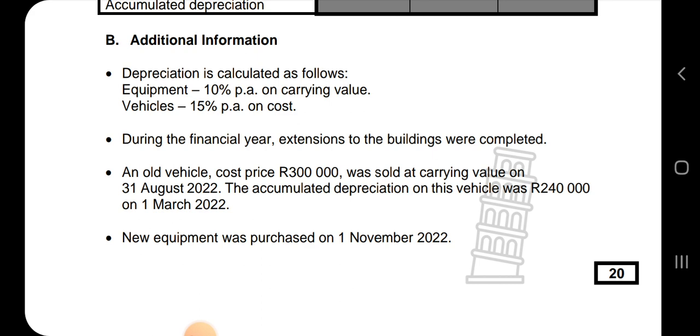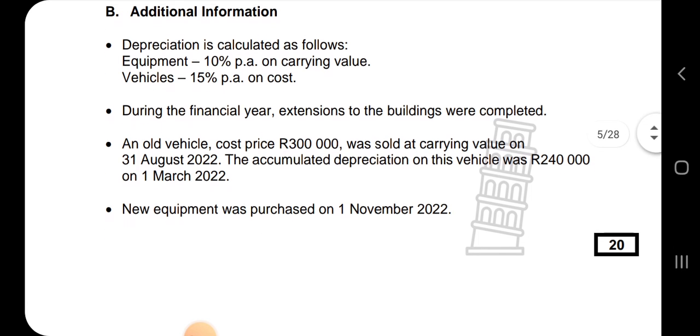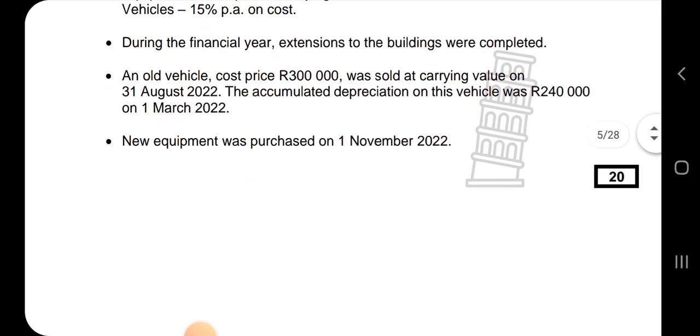During the financial year, extensions to the buildings were completed. An old vehicle costing 300,000 was sold at a carrying value on the 31st of August 2022. The accumulated depreciation on this vehicle was 240,000 rand on the 1st of March 2022. So write this information down because I'll be going to a separate page to do these calculations.